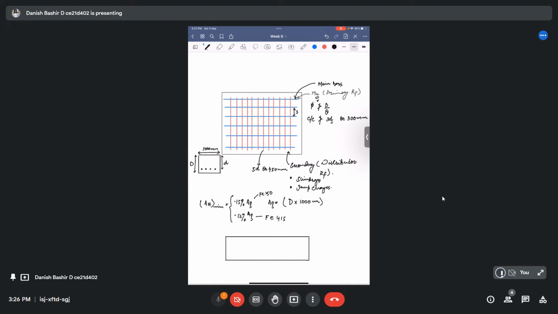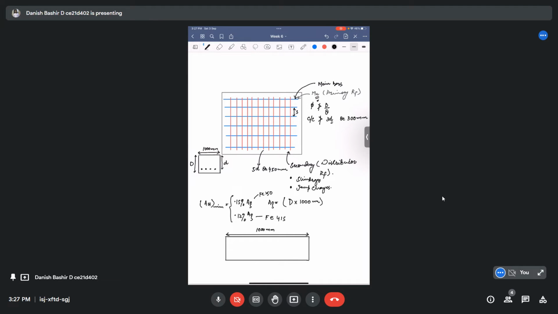It should be larger in this transverse direction. If we take this as our 1000 mm, we have to see the number of bars that we will place in this 1000 mm.